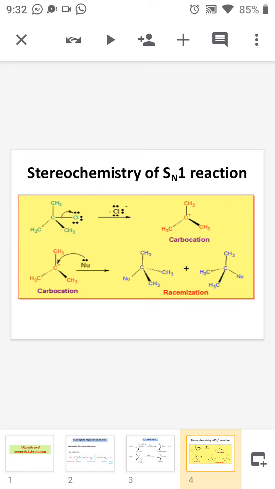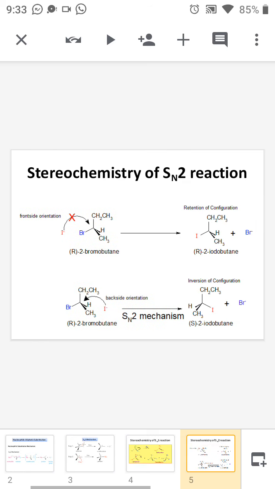The carbocation is sp2 hybridized, and it is a planar structure. So the nucleophile can attack the carbocation either from the upward direction or from the backward direction, and there is a 50% chance for the two possibilities. That's why we will get a racemic mixture.